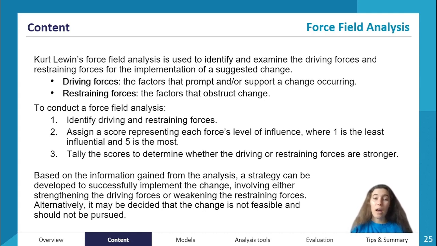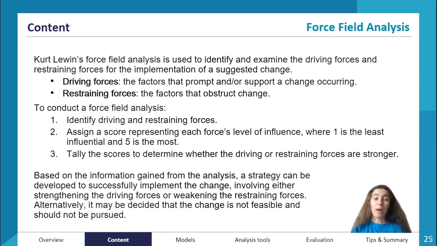And then it's about assigning a score that's going to represent the level of influence of each of those forces. So 1 is the least influential and 5 is the most influential. So a score from 1 to 5 representing how influential that force is.